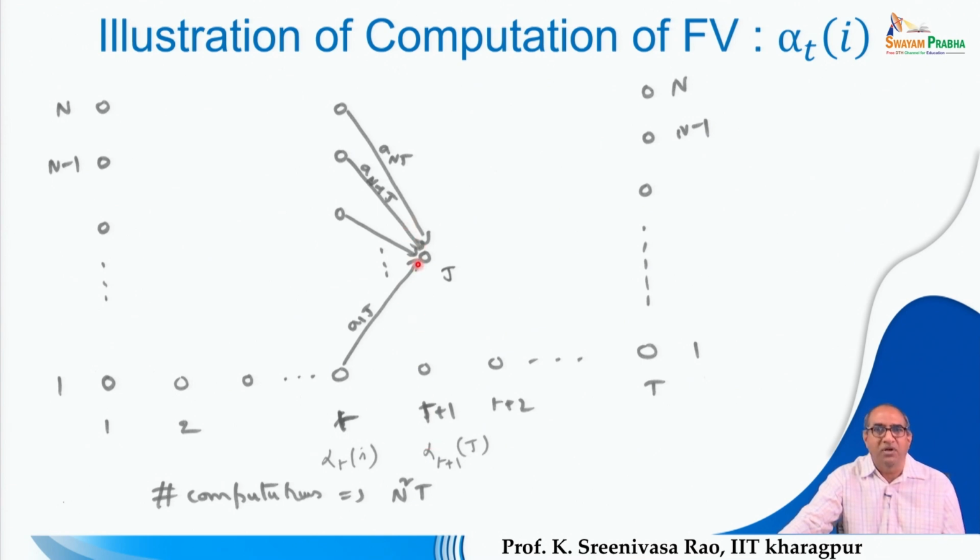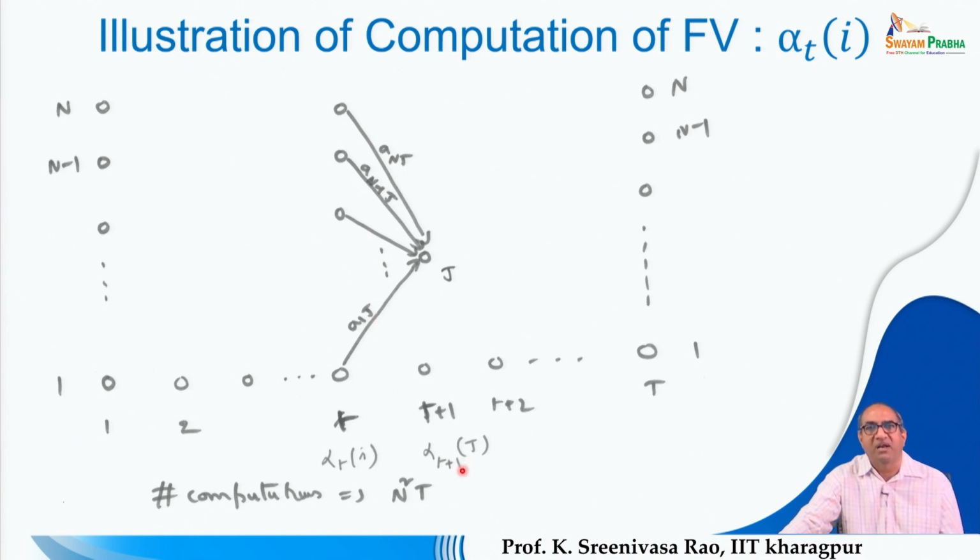So, if you want to see from the previous time instant, the probabilities of the partial observation sequences being in the different states will be alpha t of i, where i varies from 1 to n. And now from these states the system may reach state j with certain transition probabilities. So, that is what we have done.